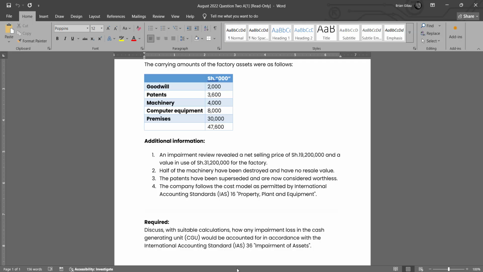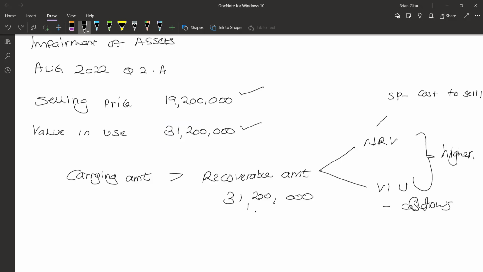So that will be our carrying amount, which is the same as the book value. The carrying amount of 47.6 million is more than the recoverable amount, and this means there is an impairment.